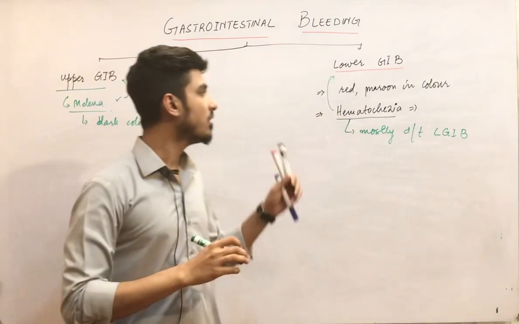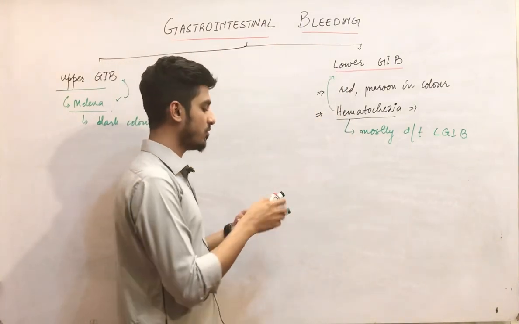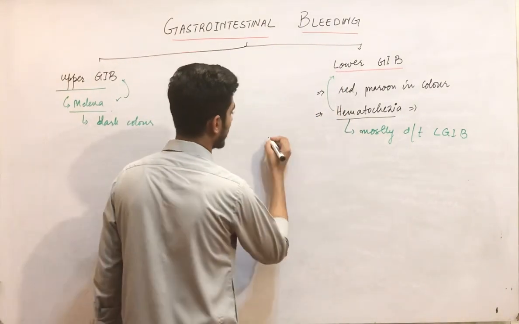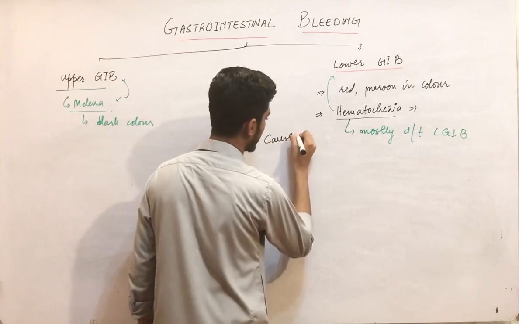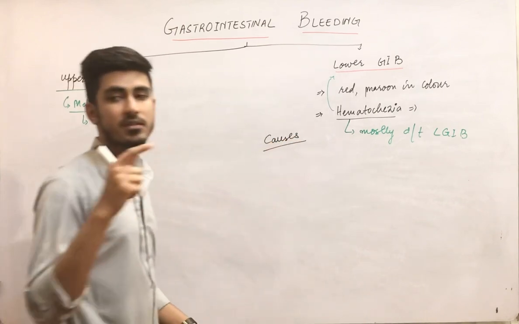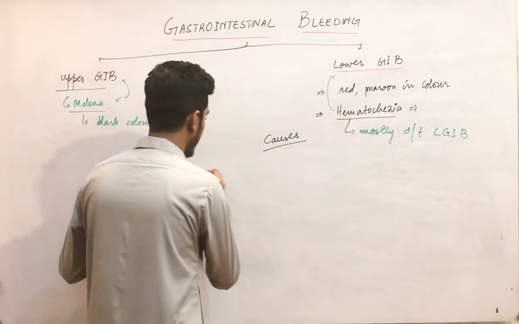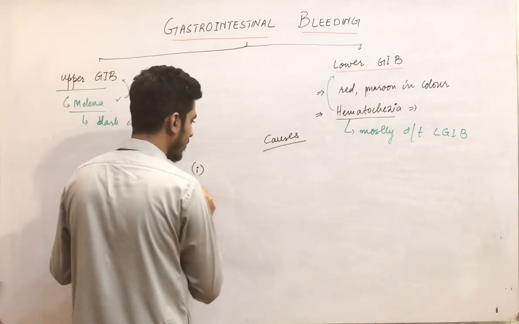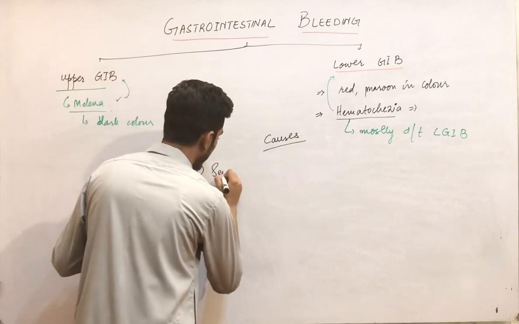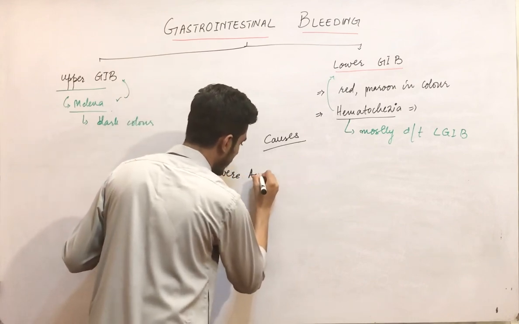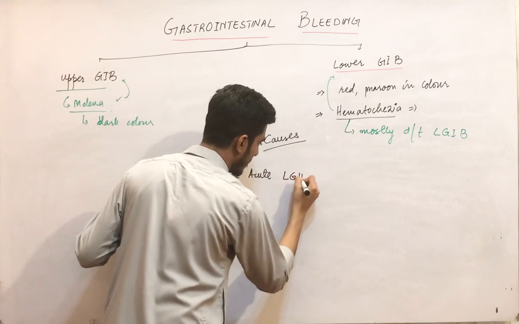Now in lower GI bleeding, we are going to see the causes. First of all, these causes are basically divided on the severity of the lower GI bleeding. There are three main categories. First of all, we have the severe acute lower GI bleeding.